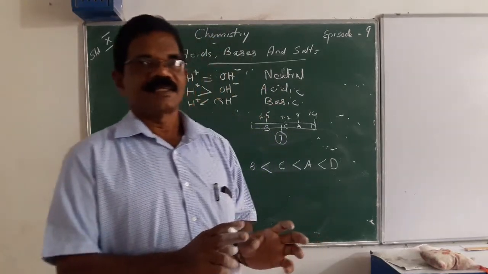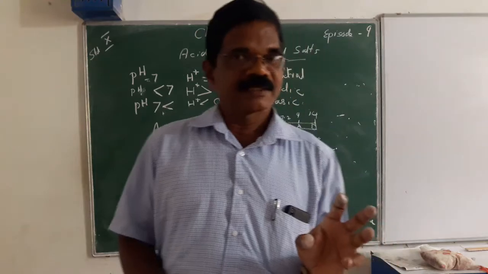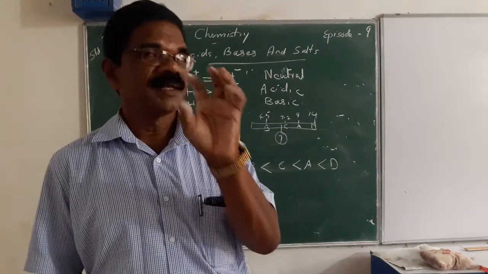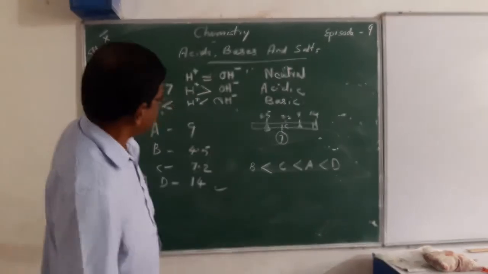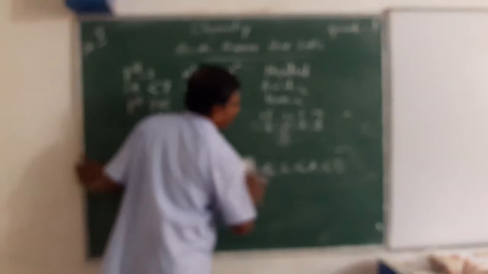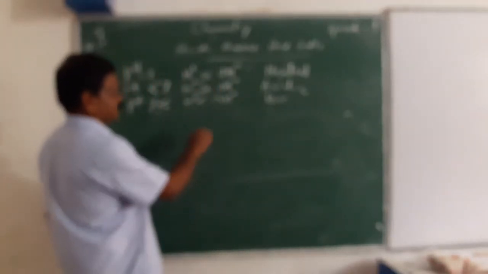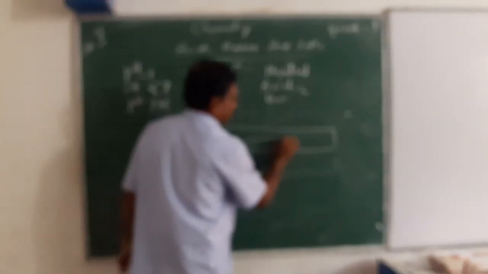Do you understand? You must read the passage today itself, and draw a pH scale like this, then mark the following. Then a number of questions are given. You must draw a scale like this.